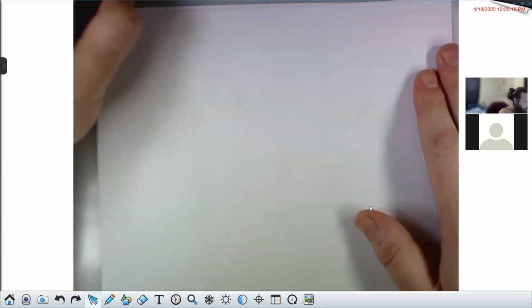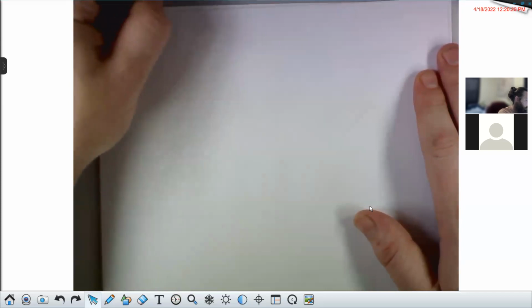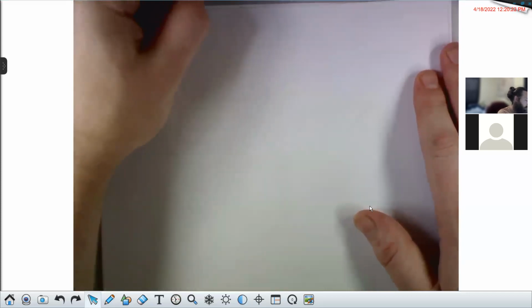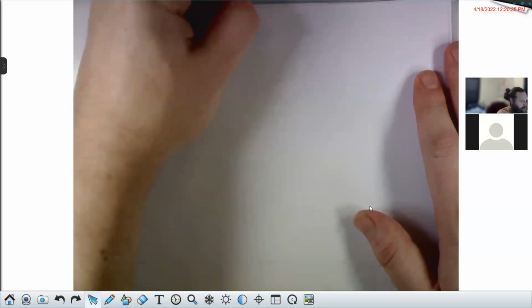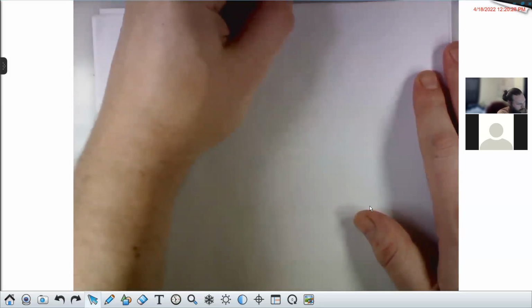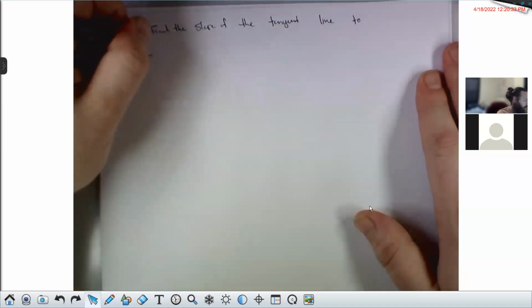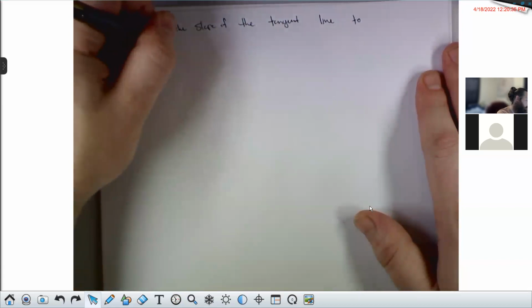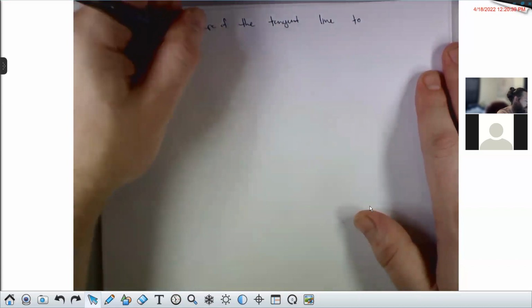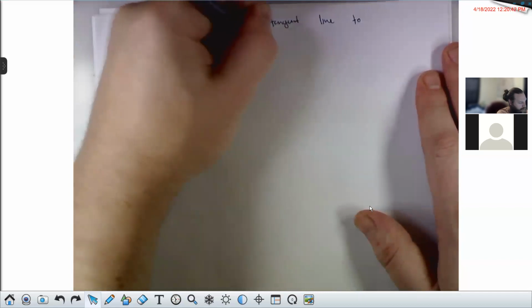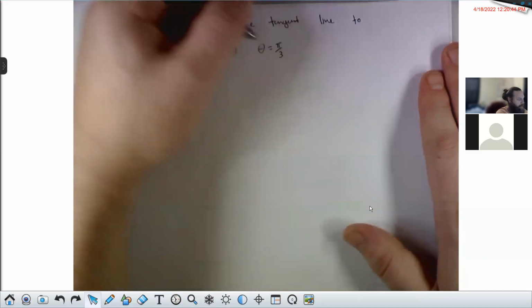Here we go. Let's find the slope of the tangent line to the curve r equals 1 plus 2 cos theta at the point where theta is pi over 3.